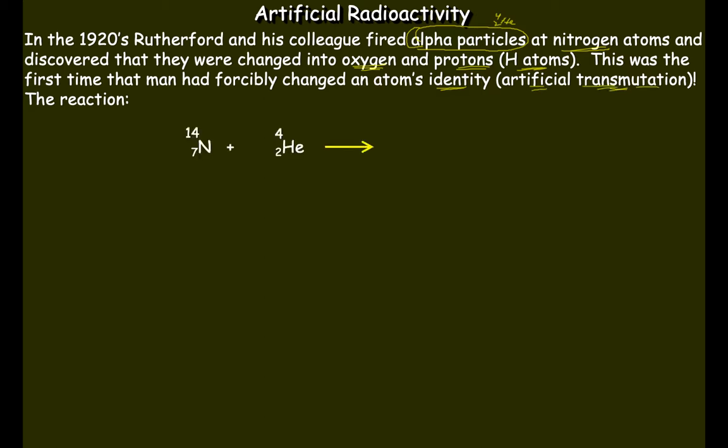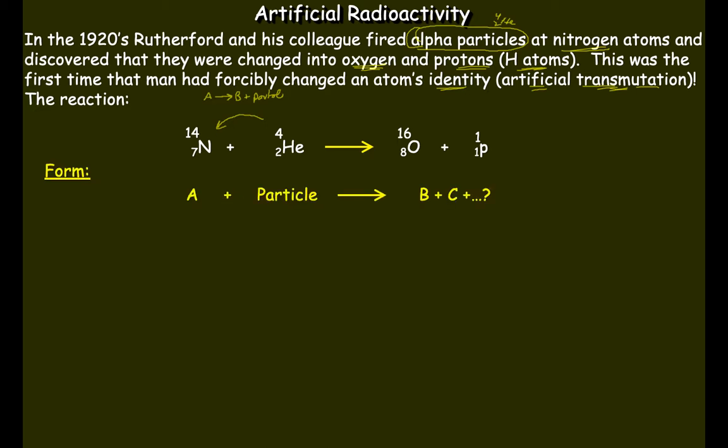So what he actually did was this. He took nitrogen, and instead of natural decay, where it's happening on its own, like we did before with one particle, this time we're taking a particle and firing it at a nucleus. That produced this.